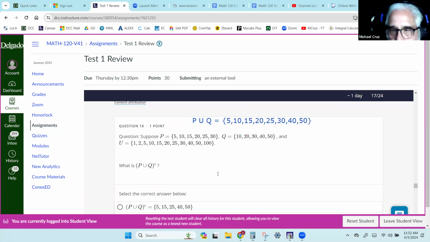Does that look right for P and Q? 5, 10, 15, 20 is in both, 25 on one side, 30 on the other side, 25, and then 40 and 50.